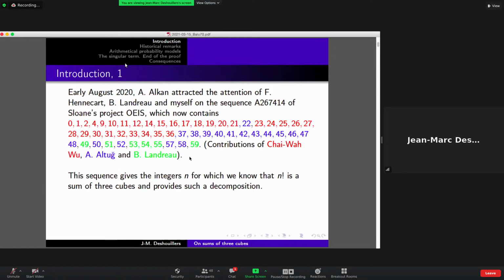So we were really surprised because, as we know, it is not too difficult to see that not all integers can be sums of 3 cubes. By the way, we don't even know whether there is a positive density of integers which are sums of 3 cubes.